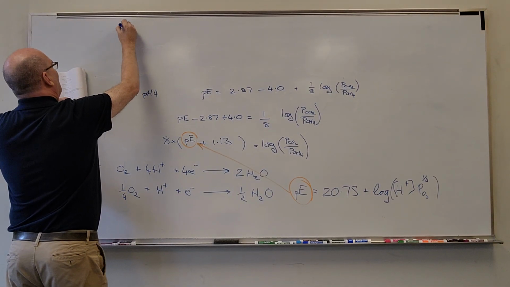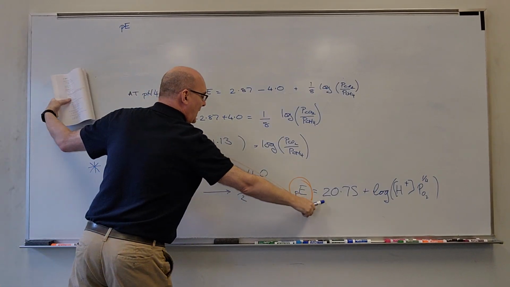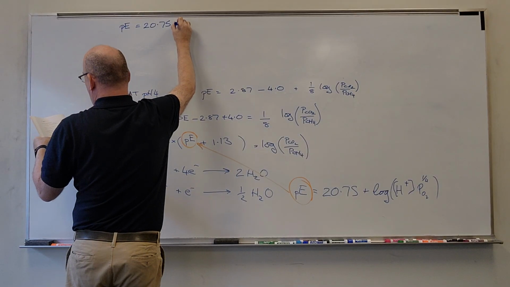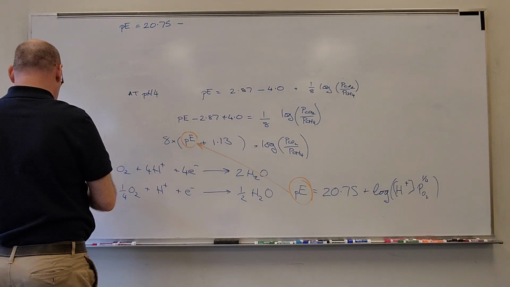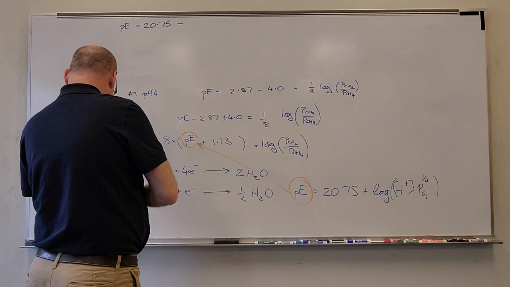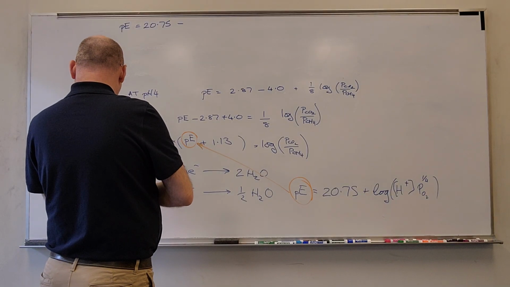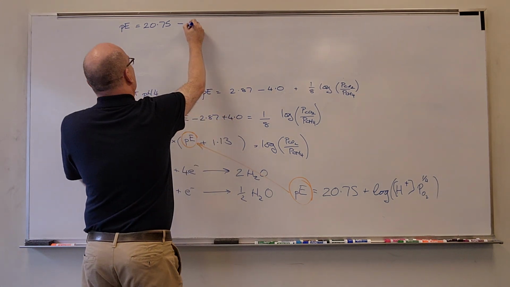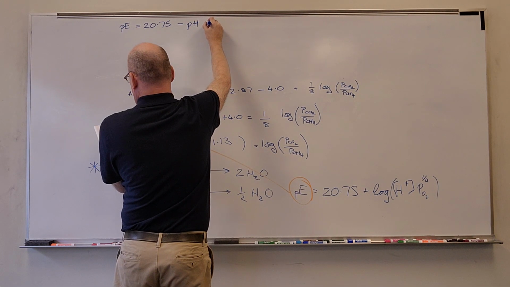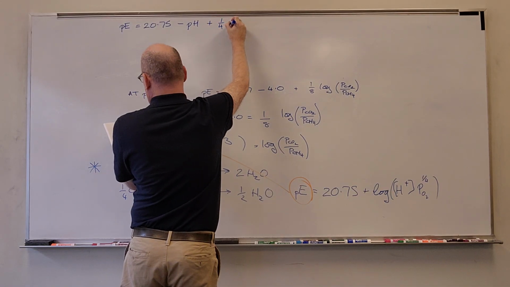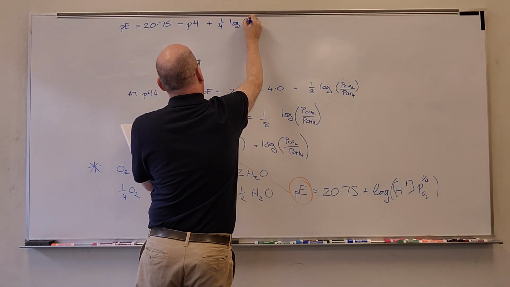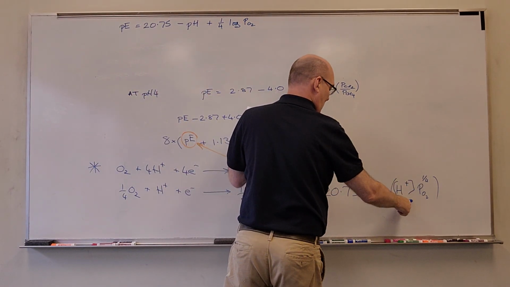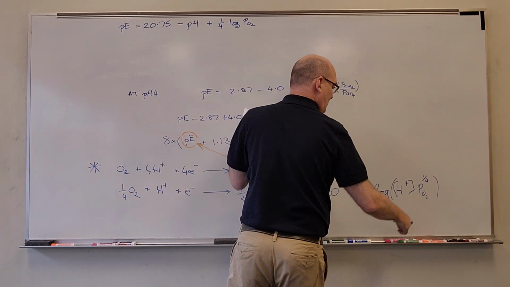All right, so from this line right here, PE is 20.75 minus pH and 1/4 of the log of the PO2. That's a fancy way of separating these two things.